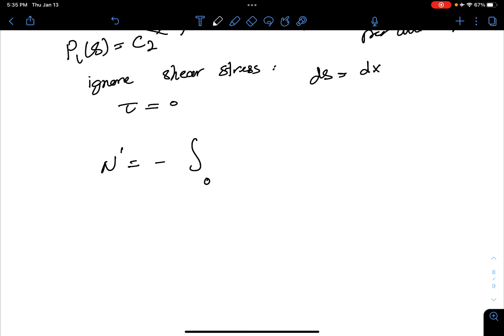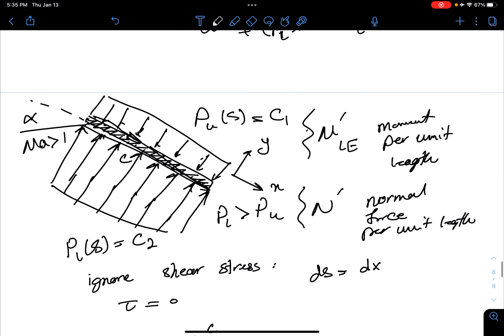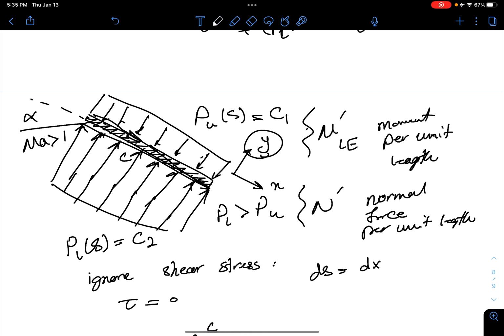Because everything is changing in the x direction. In this case, leading edge is x equals 0, and trailing edge is x equals c, right? We don't have any variations in the y direction.